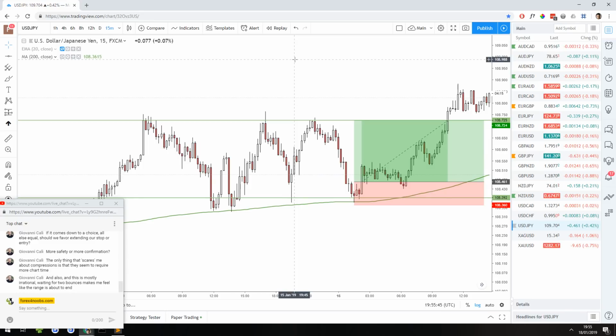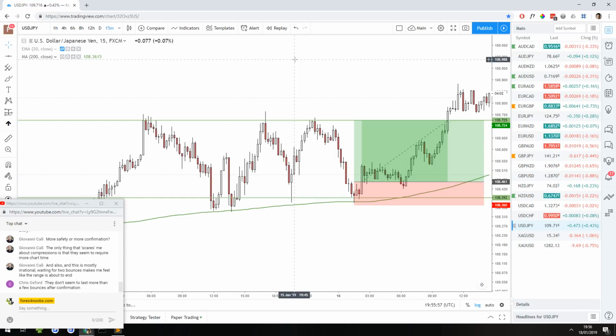Most ranges end pretty quickly after two bounces to either side, but I have found through my testing that not waiting for those bounces means that you lose more, because there's a lot of cases where you would enter a trade when it's not really in a range. It just kind of happened to sort of bounce close together. But the two bounces actually confirm the range.